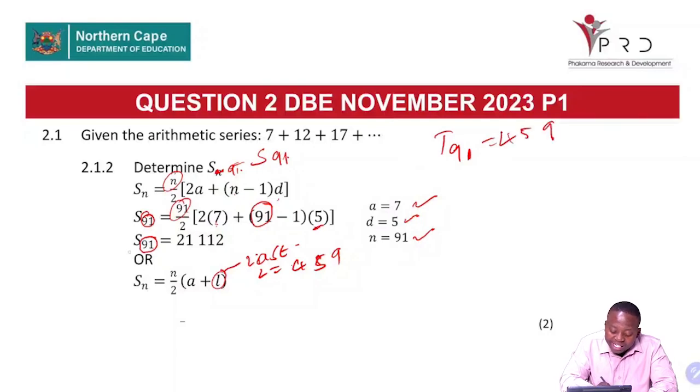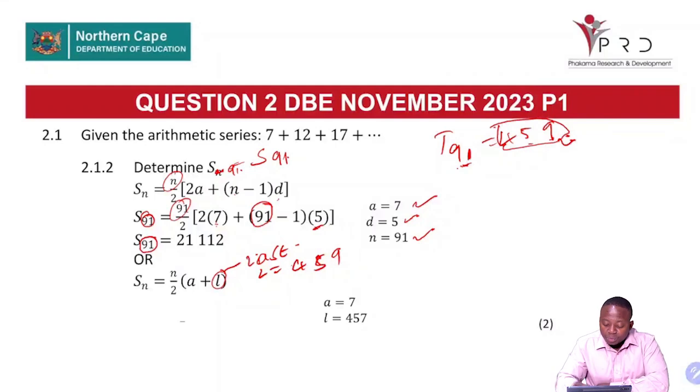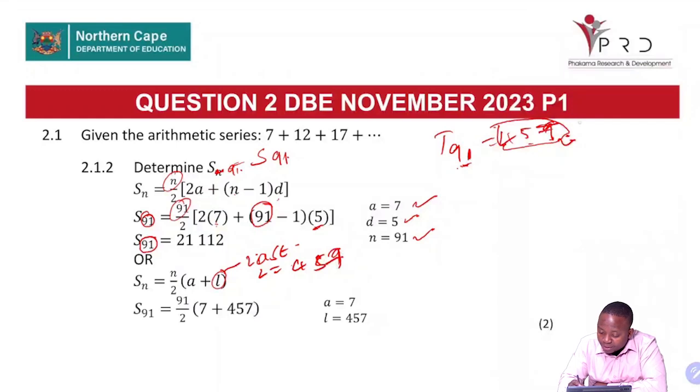So when we're saying S91, we're saying for the first 91 terms, so the 91st term is the last term, and its value is 457. I said 459 earlier, it's 457, not 459; just forget that.